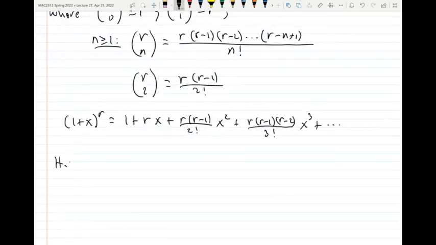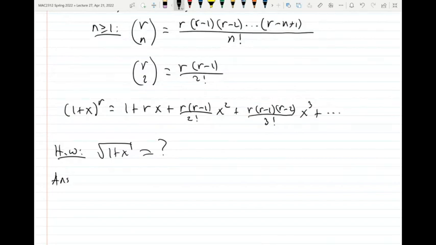So as homework, try this, because you have to be able to do this, okay? See if you can find the series for the square root of 1 plus x. Let me tell you what the answer is, but then make sure that you convince yourself of that and that you can verify on your own, okay? So the answer is that this guy is going to be equal to, of course, here we're taking r to be 1/2.